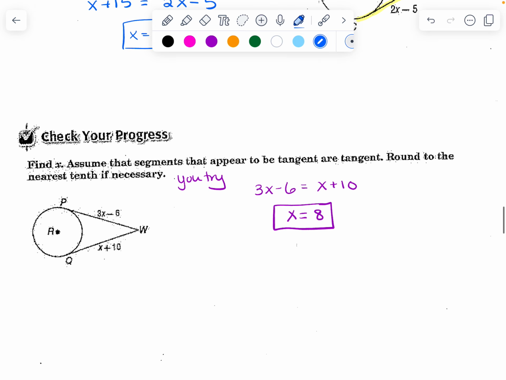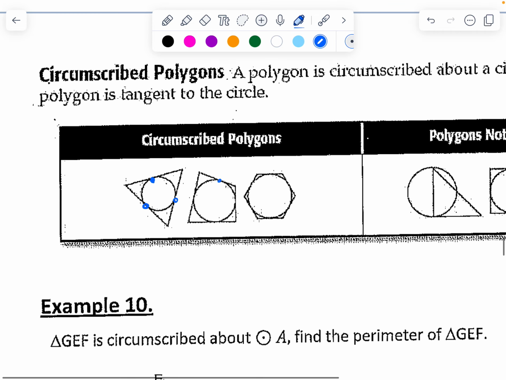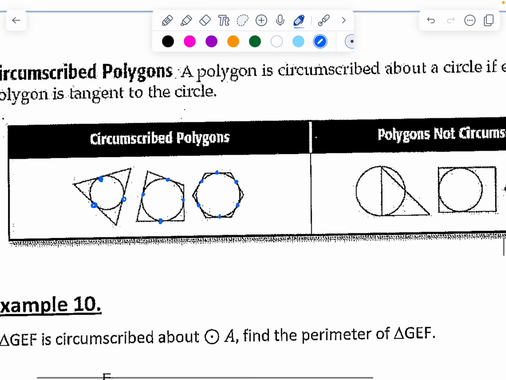So we're going to use the same concept here on this next page when we're talking about circumscribed polygons. If a circle and a polygon are circumscribed, then each of the sides meets the circle at exactly 1 point on each side. So every single side of the polygon has 1 tangent to the circle, but not overlapping it or intersecting it.